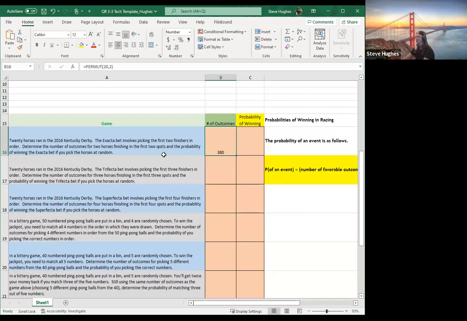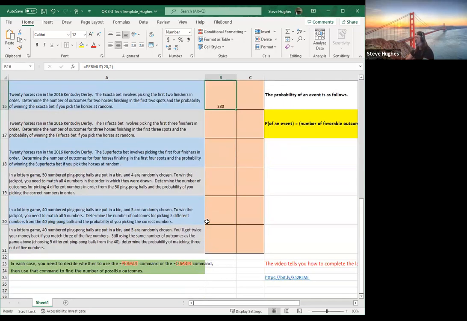Okay, let's go to the next to last one. Actually, we'll do the last one here. It says the lottery game, once again, there are 40 I'm choosing from, and I'm going to choose 5 randomly. I want to determine the probability, but for this one I have to determine how many ways I can do that.